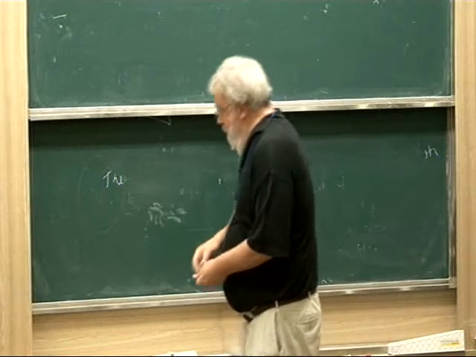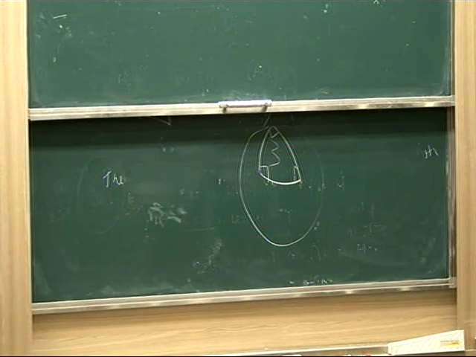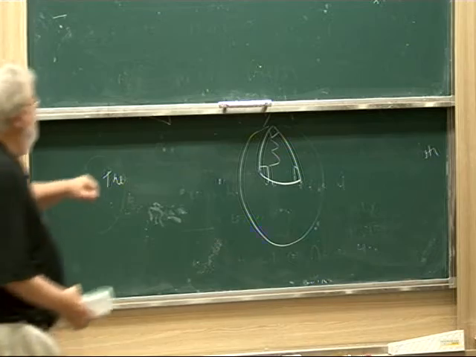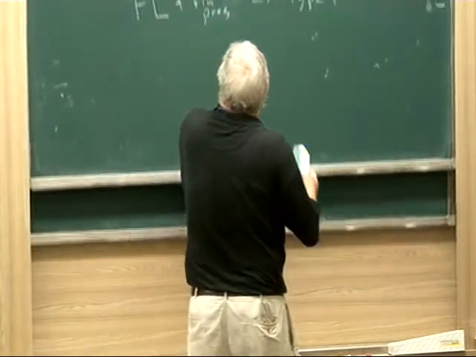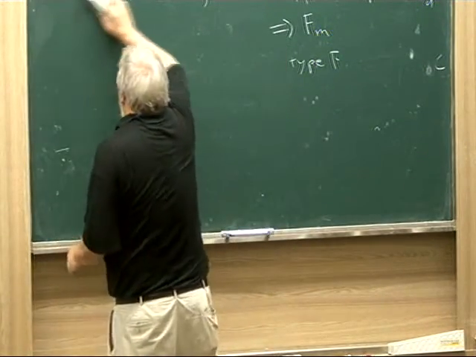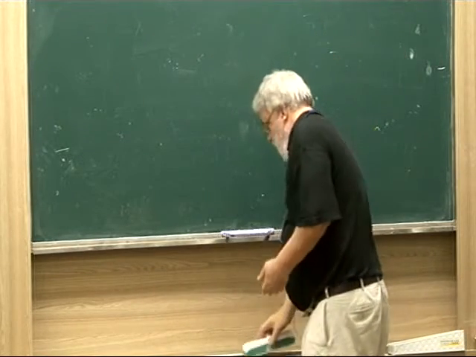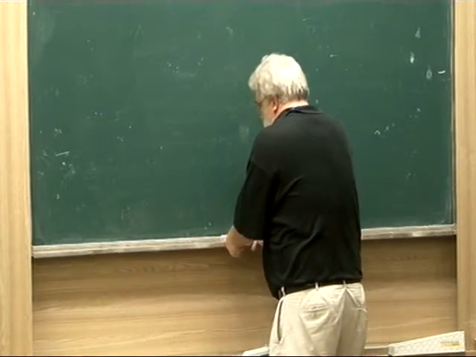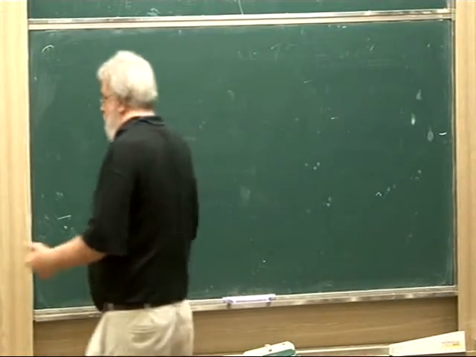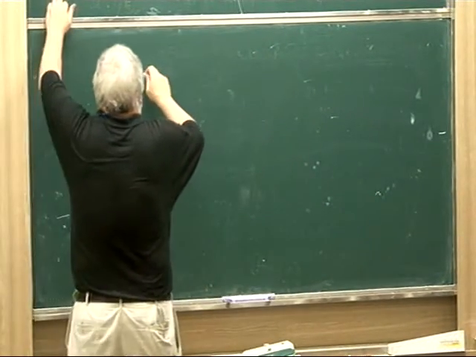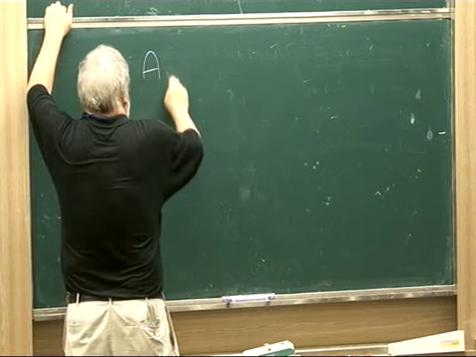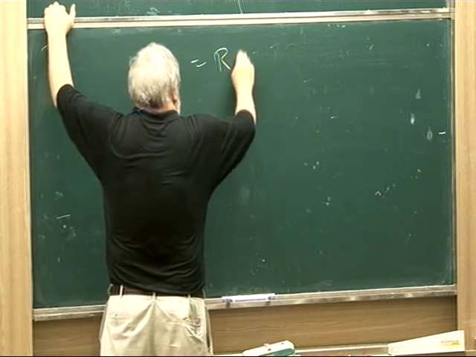Maybe I should just go ahead and state their theorem. I wasn't going to do it in this order. I'll state their theorem and then say some examples of this. So what Bestvina and Brady did was a geometric argument, but it had something to do with this right-angled Artin group.